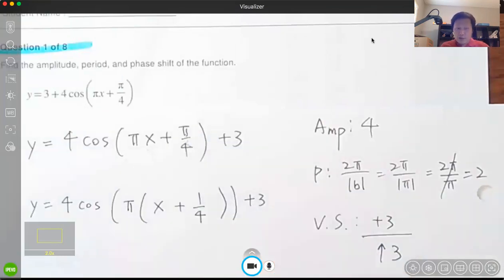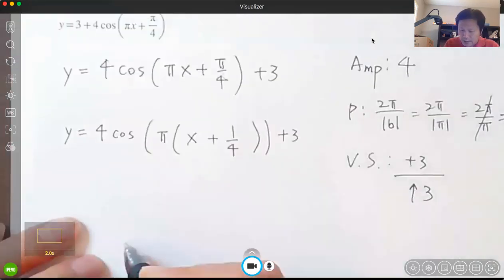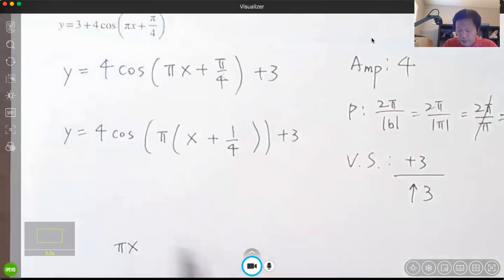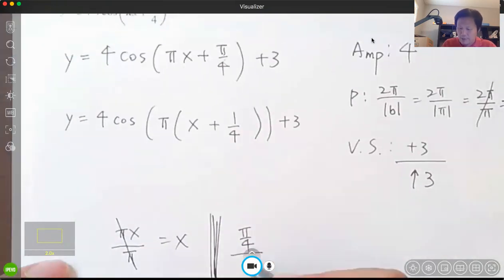If you did not catch that, here is how you do it. Pi x, factor pi out means divided by pi. It cancels out, that's how you got x. Pi over 4, factor pi out means divided by pi.